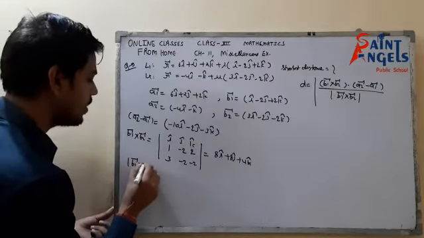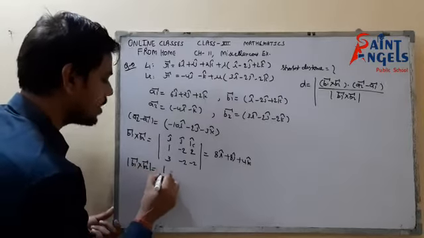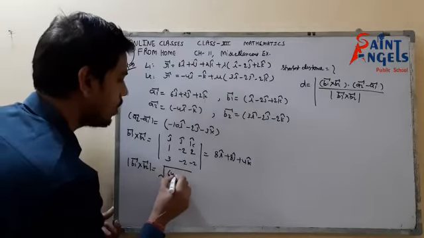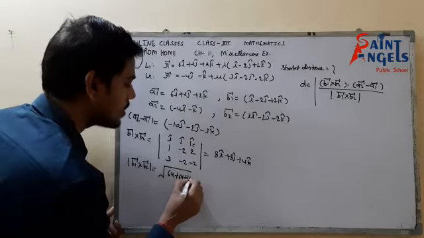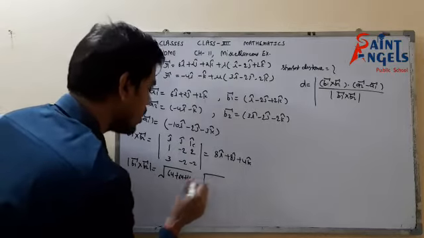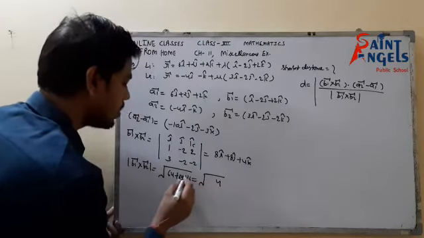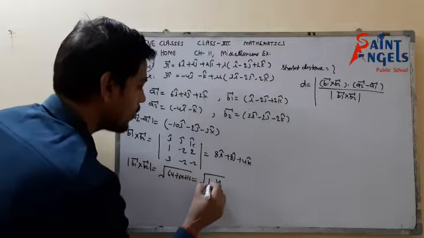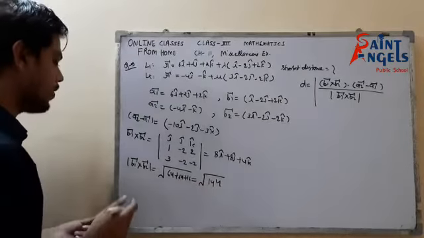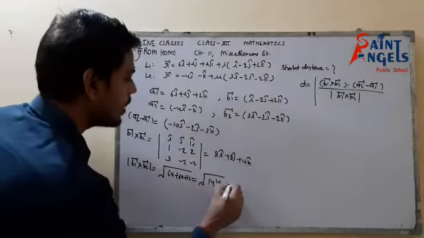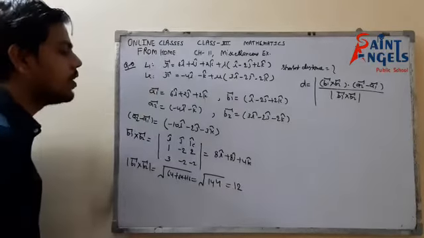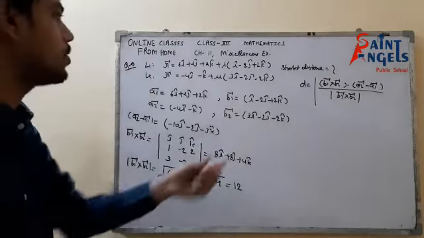So b1 vector cross b2 vector, its magnitude would be the square root of 64 plus 64 plus 16, that would be equal to 144, and that is 12. Now we have all the values, just put them into the formula.